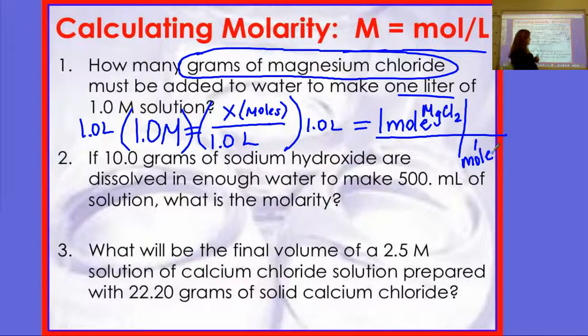If I look up on the periodic table, the molar mass for magnesium chloride is 95.21 grams. So that's a relatively easy conversion. 1 times 95.21 grams divided by 1 is 95.21 grams of magnesium chloride.